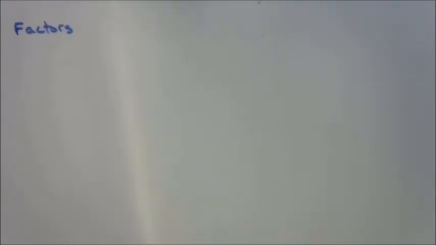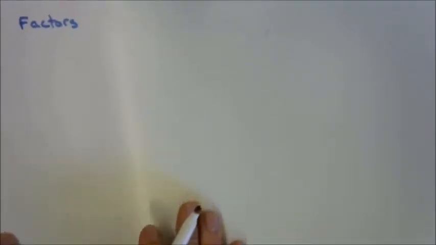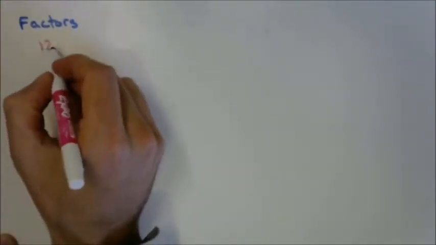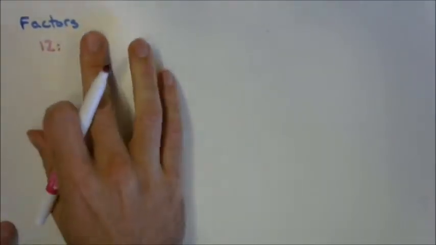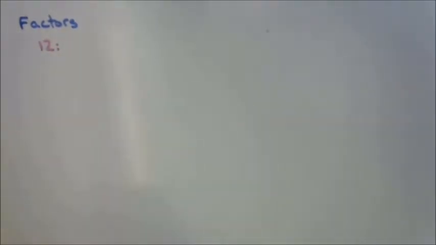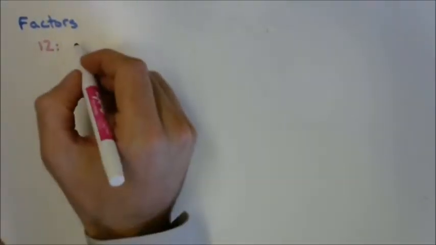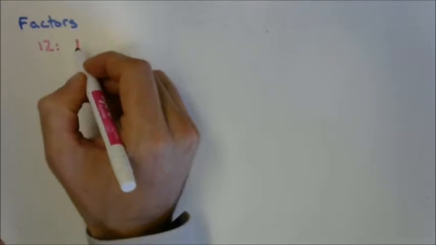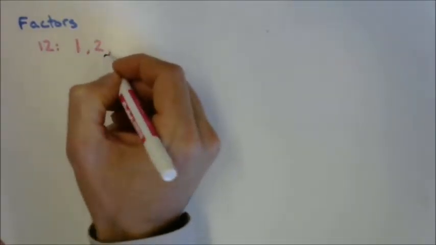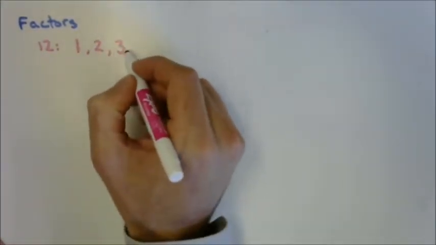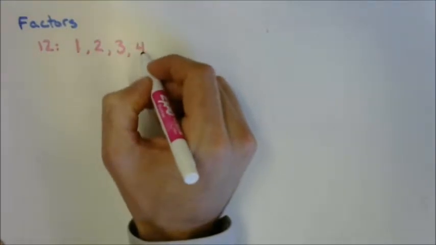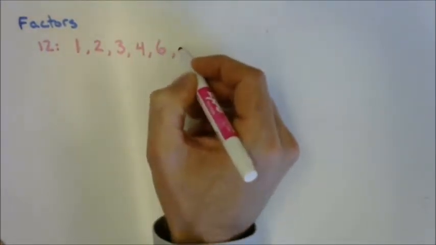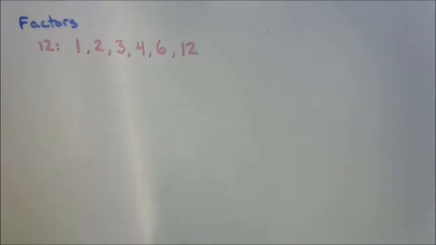All right, the factors of 12. So that means anything that can get multiplied by anything else and the product be 12, those numbers are factors. So you can multiply 1 by something to get 12. You can multiply 2 by something to get 12. You can multiply 3 by something to get 12. You can multiply 4 and 6 and then 12.